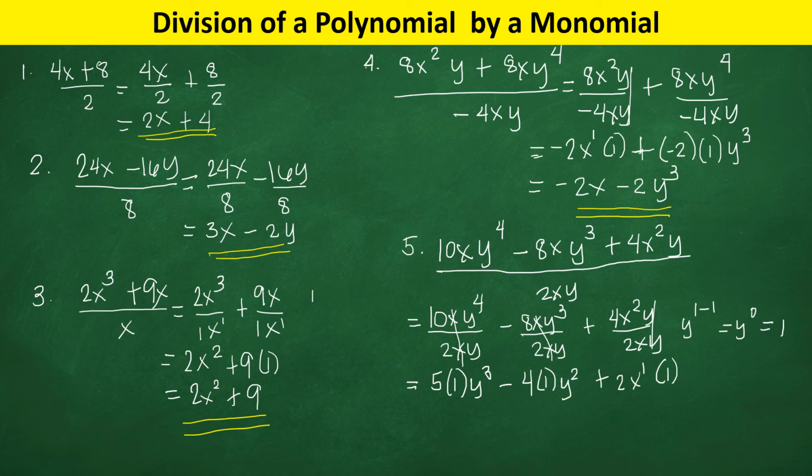So, for our final answer, we have 5 times 1 is 5 times y cubed. So, we have 5y cubed minus 4 times 1 times y squared. So, 4y squared. Plus 2x times 1 is 2x. So, this is now our final answer.